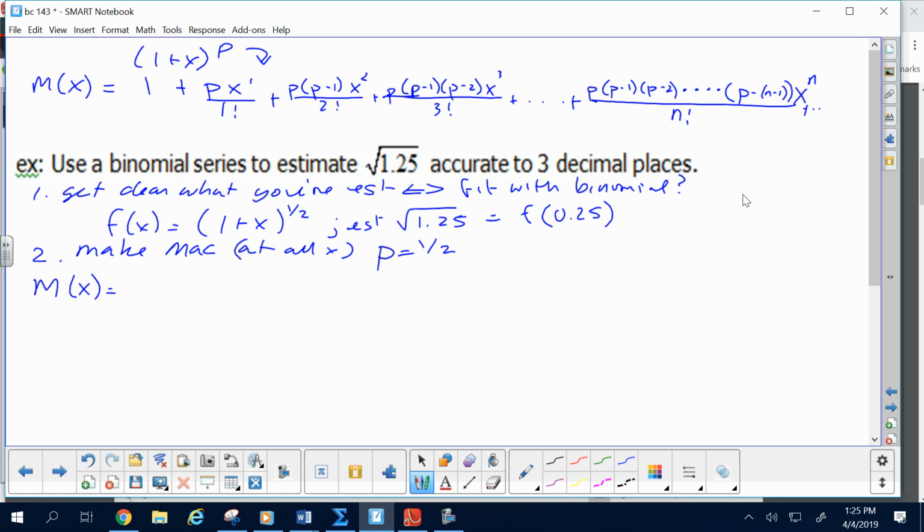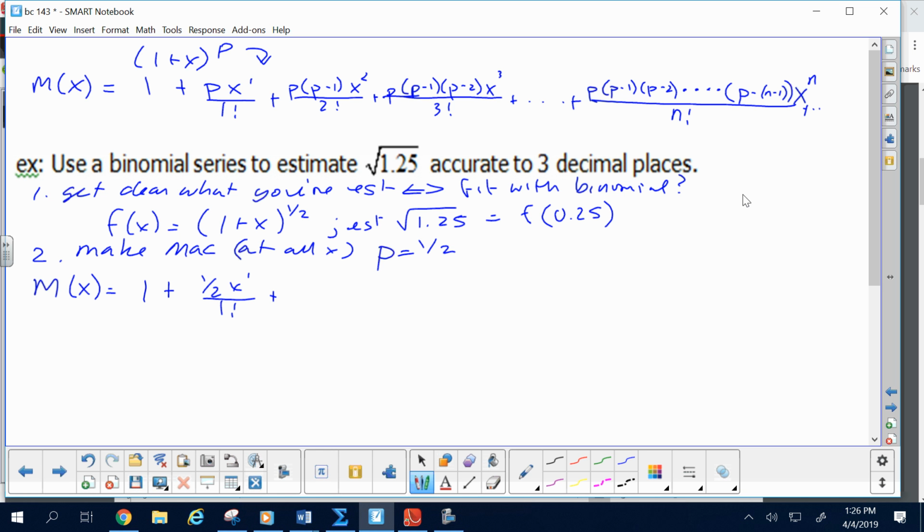Now, surely, if you don't want to use this blueprint or formula per se for the binomial theorem, could you go off to the side and just do the derivatives from scratch and work it out? Sure, you could. But let's save ourselves some time here. 1 plus this first term, p is 1/2, x to the first over 1 factorial.